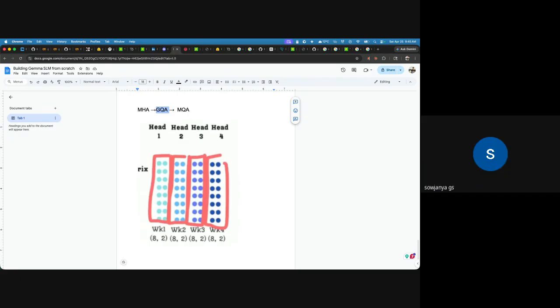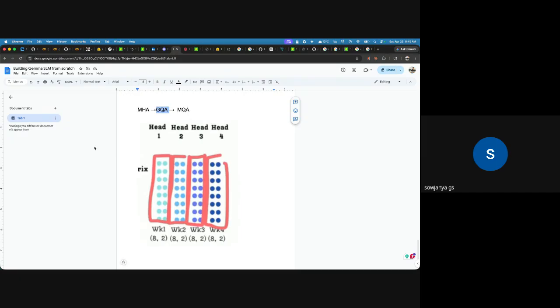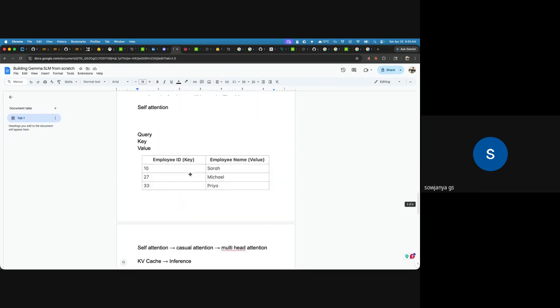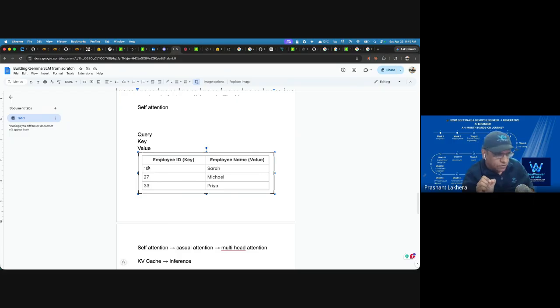Okay. In the above example, the employee name and ID, can you relate which will be the keys and which will be the values? So these are all the keys, and these are all the values. If this is one head, then this 10 will be copied to the other head, or the other key matrix, also. If this is 27, this will be copied to the other one.